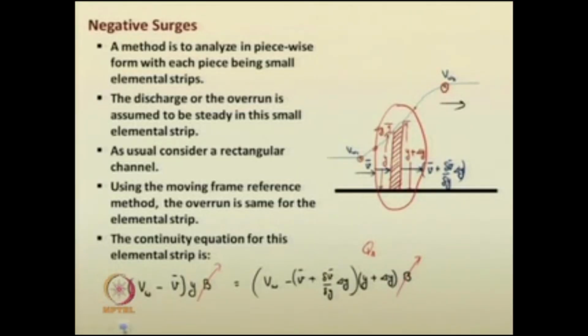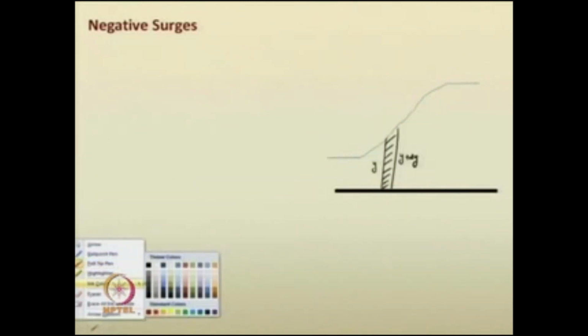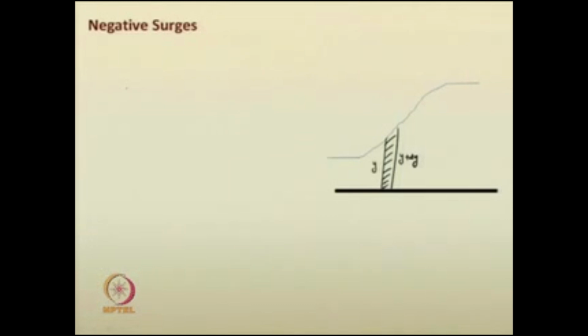Now, you will see the subsequent simplification of the equation. I am getting the following form: minus del V bar by del y into delta y into y plus delta y, plus V w minus V bar into delta y, is equal to 0.